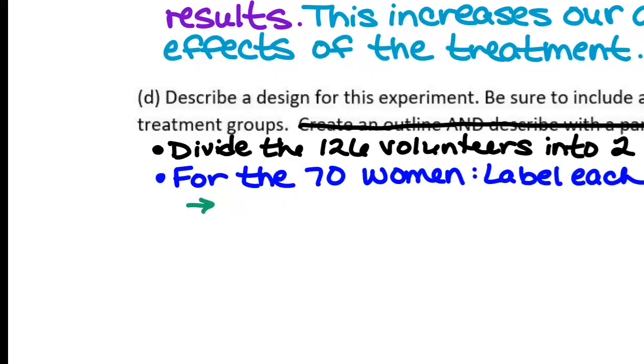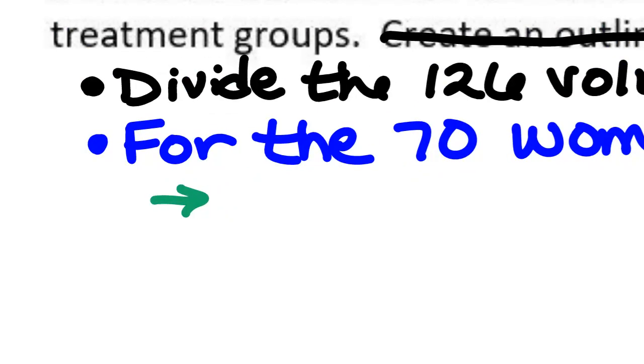Assign them. Randomly select 35 women. How are we going to randomly select them? With an RNG.